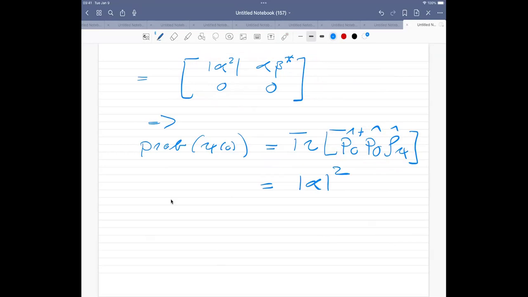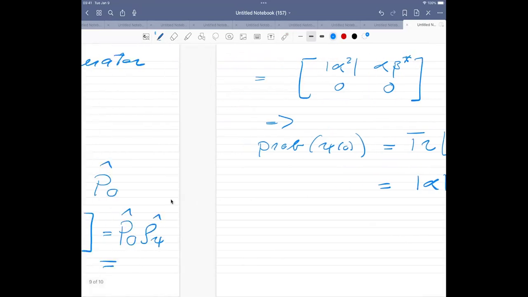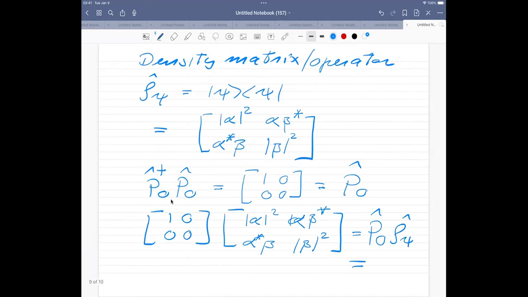So I can now rephrase the measurement in terms of a specific projection operator. And I used here the properties that P squared is equal to P, and P0 squared is equal to P0.